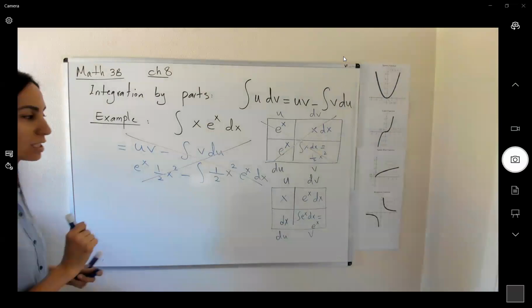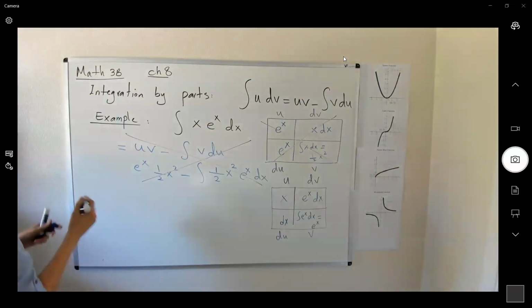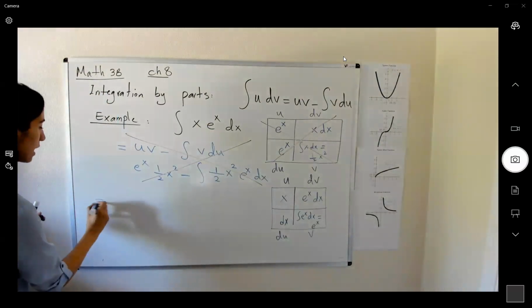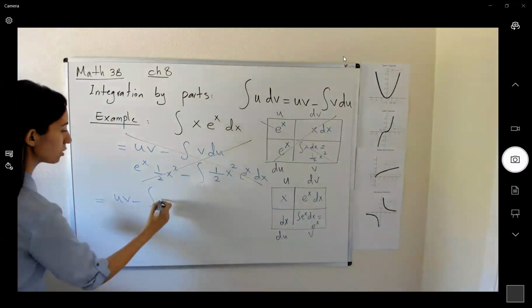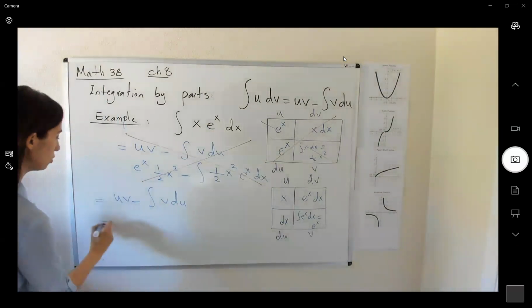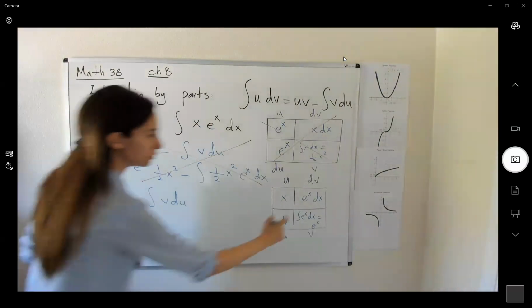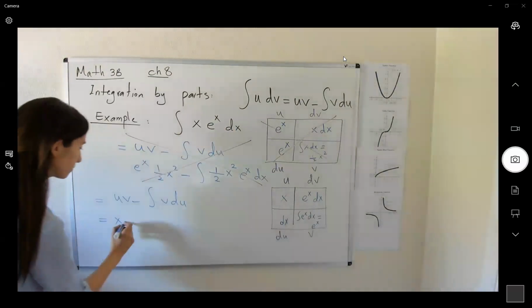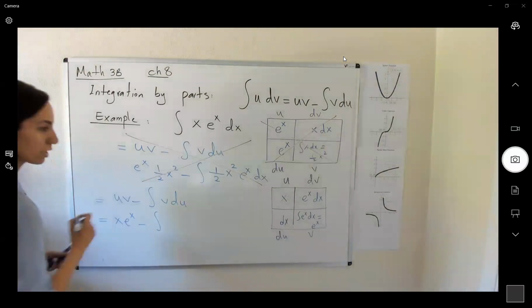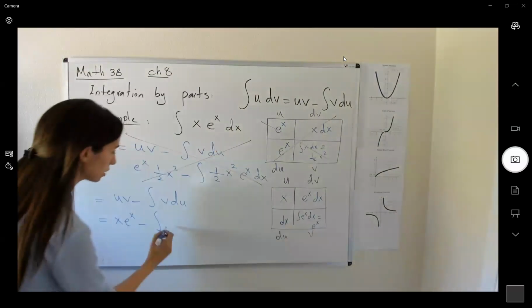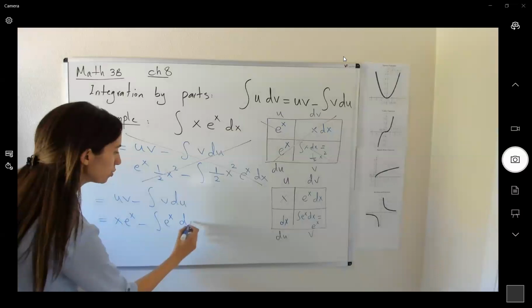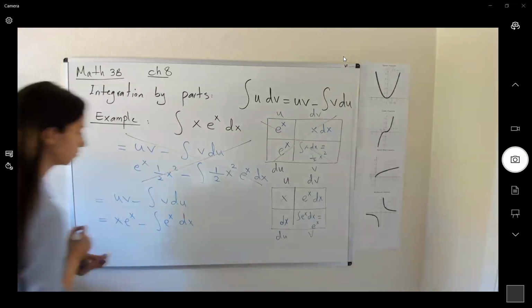Now by using this choice, my integral can be written as uv minus the integral of v du. My u is x, my v is e to the x, minus the integral of v, which is e to the x, my du is dx.